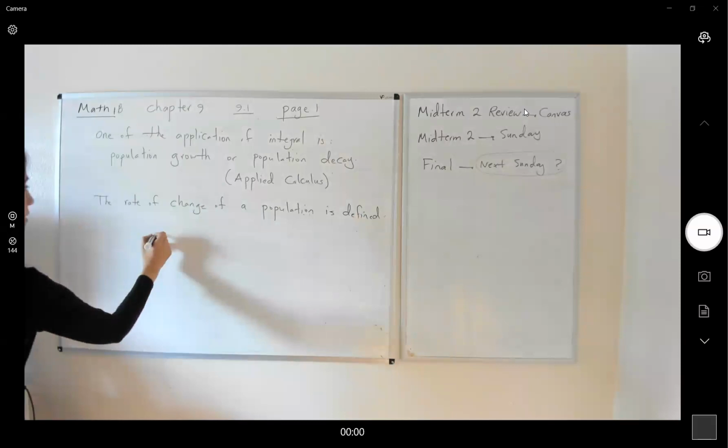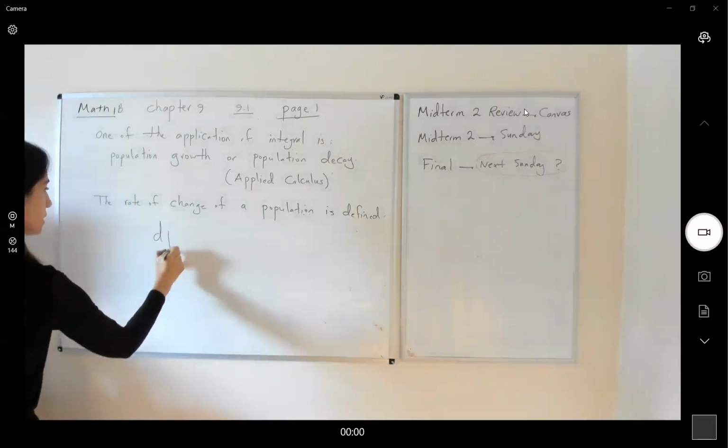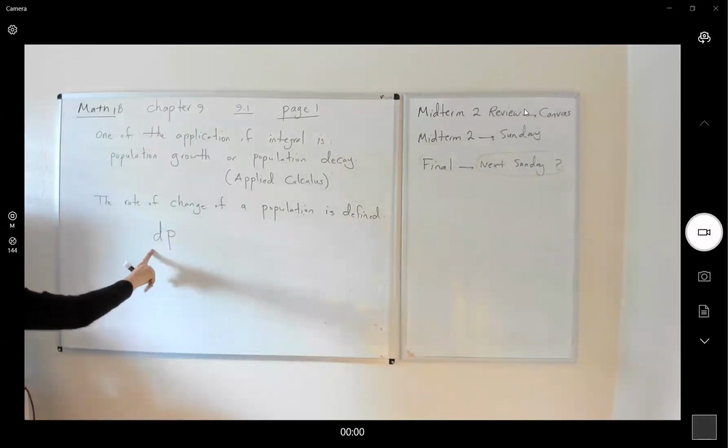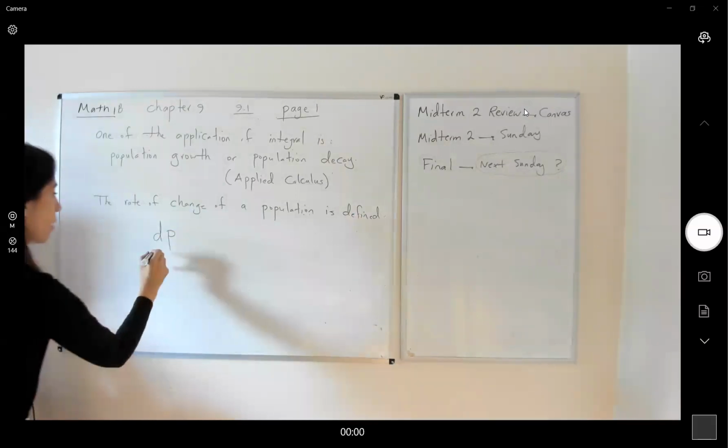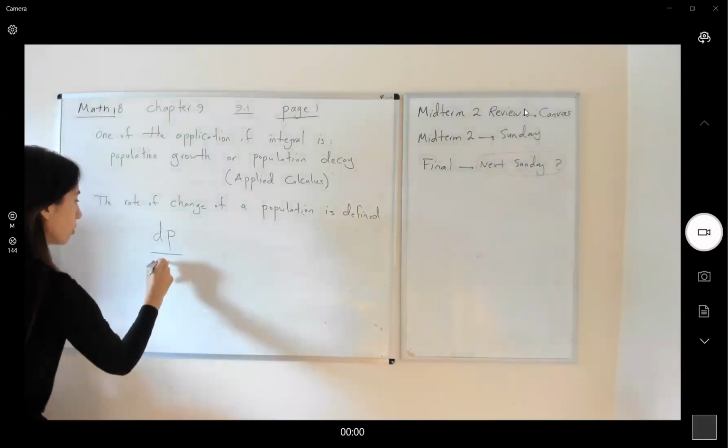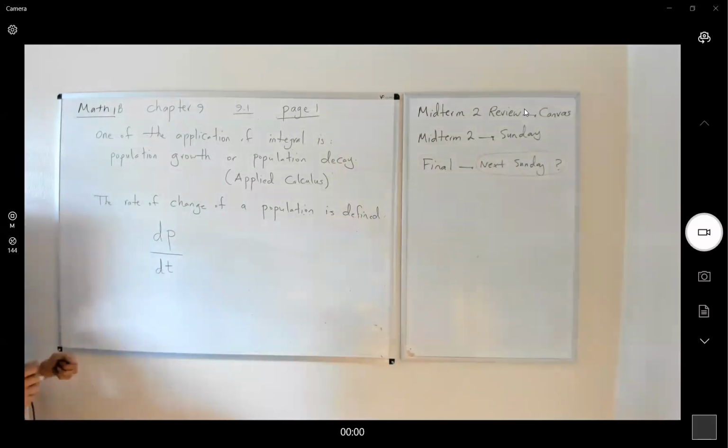We say that dP, the rate of change of your population, with respect to time, dt.